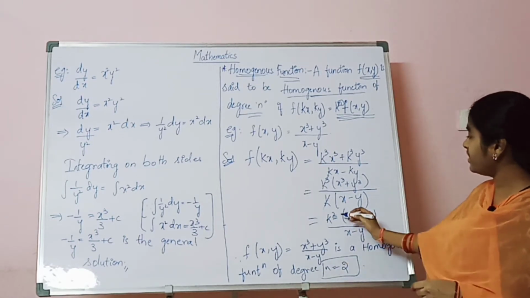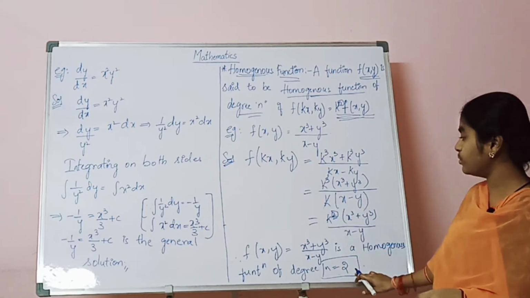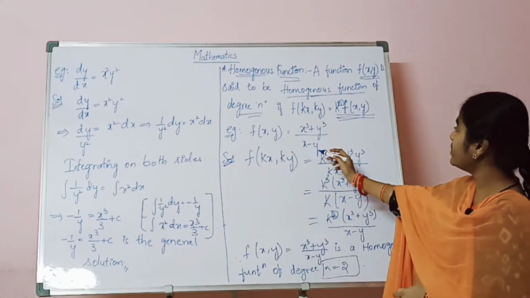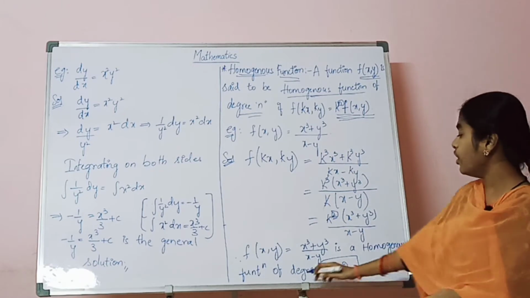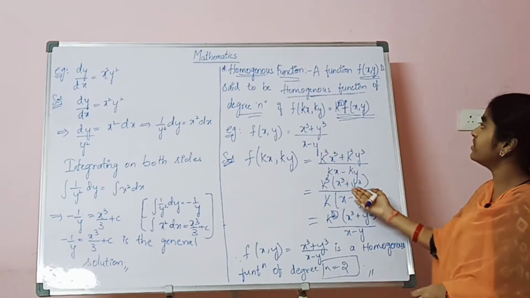What is the degree n here? What we are getting? Degree n equals 2. So this given example is a homogeneous function of degree n equals 2. So in this way we are going to solve the homogeneous function.